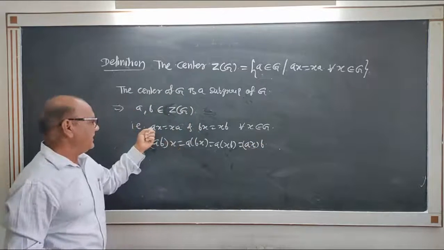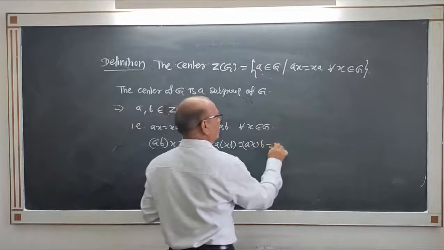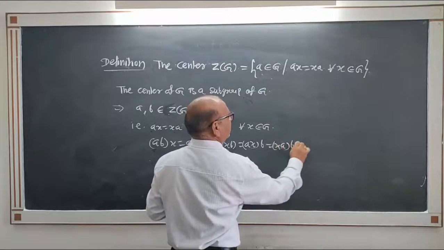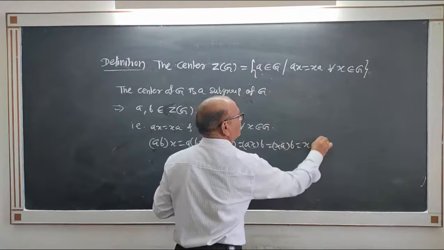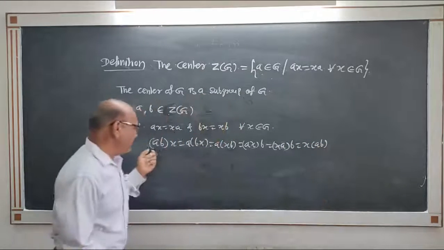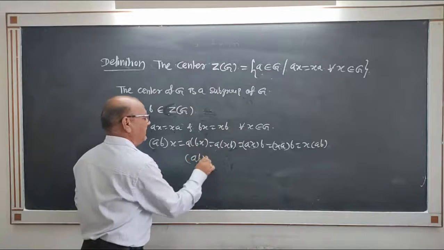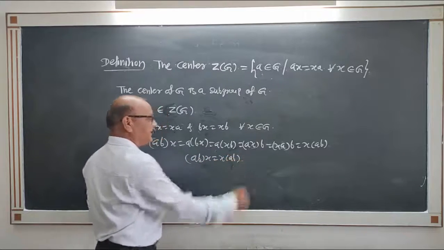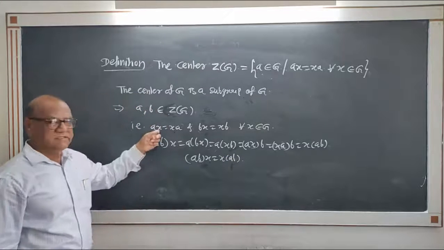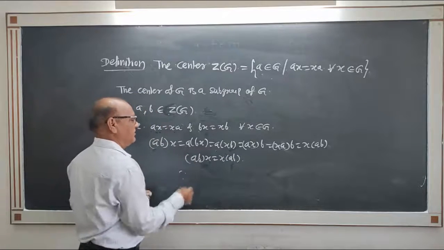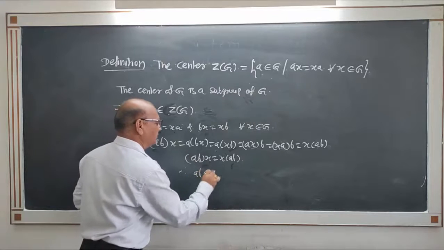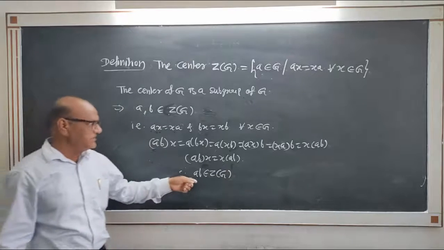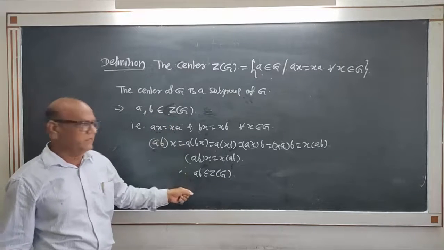Again ax is equal to xa, so xa times b, and this gives abx is equal to xab. This condition is satisfied, therefore ab belongs to Z of G. That means the closure property is satisfied.